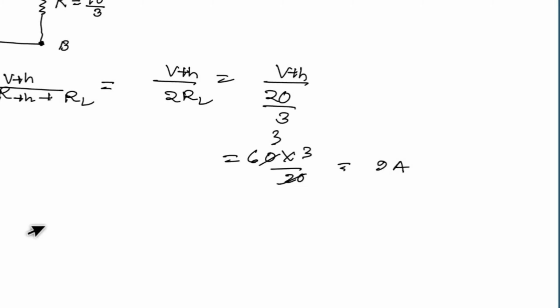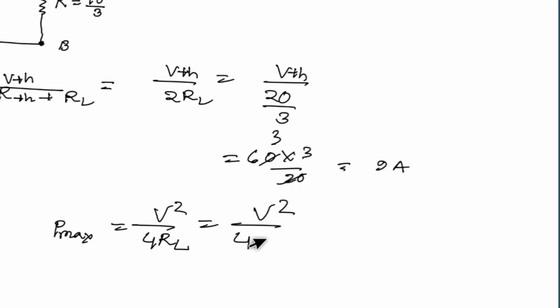Now we will compute the maximum power. So maximum power P max is equal to, we know, V square by 4 RL, or you can say V square by 4 REQ.